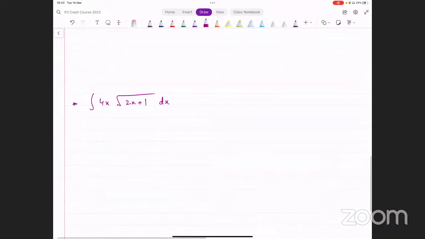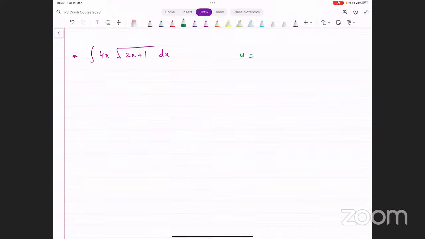And we are given that we should be using this substitution, u equals 2x plus 1. Again, remember the substitution is going to be given to you. They will tell you what substitution to use. So they've asked you to use this substitution to integrate this expression.